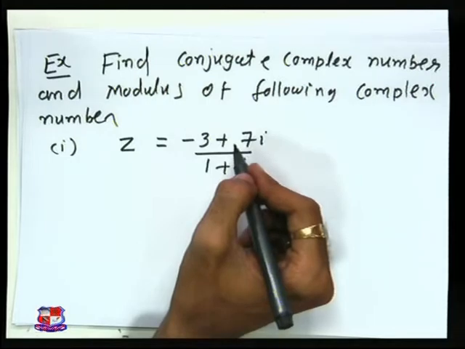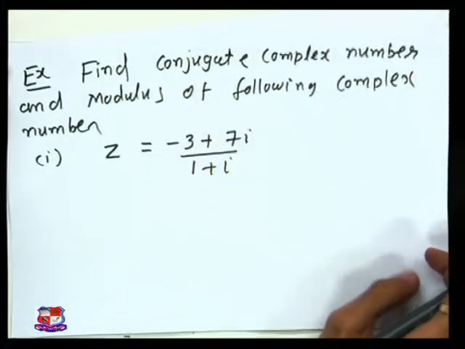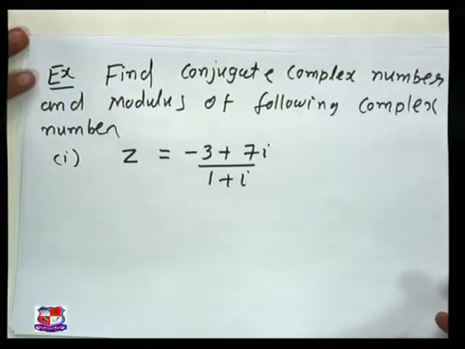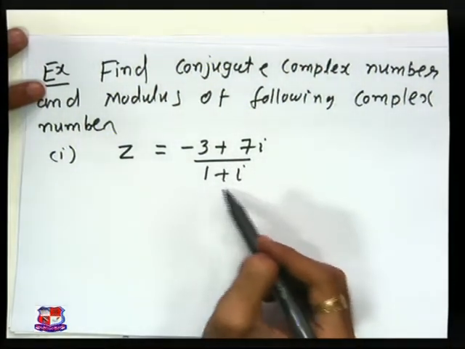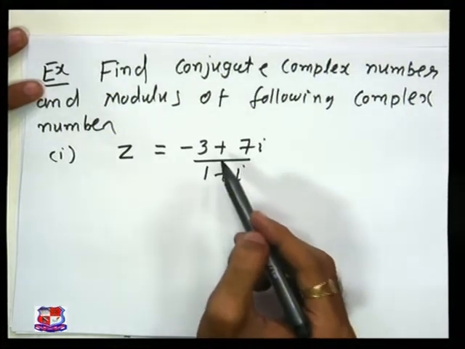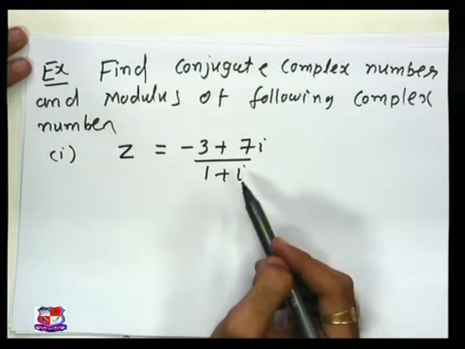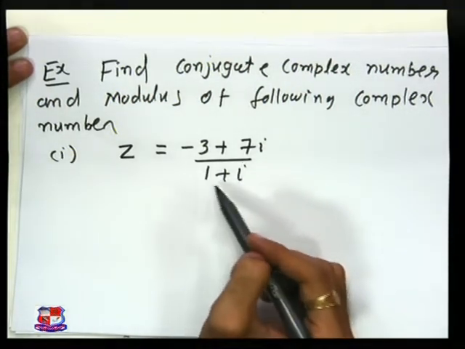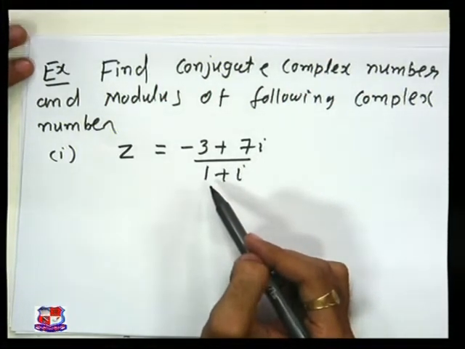So first we need to convert this complex number into its regular form, that is x plus iy form. So first I want to remove this complex part from the denominator, as we have discussed how to find the inverse of any complex number. In that part we discussed how to remove the complex expression from the denominator of any complex number.